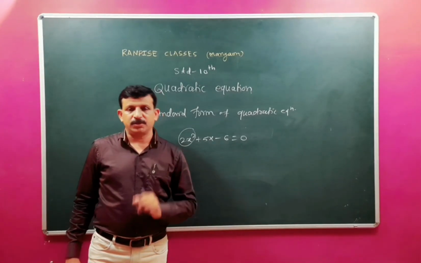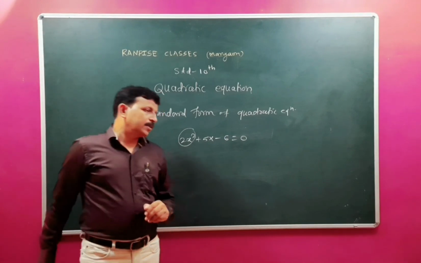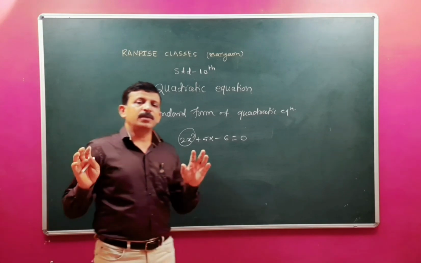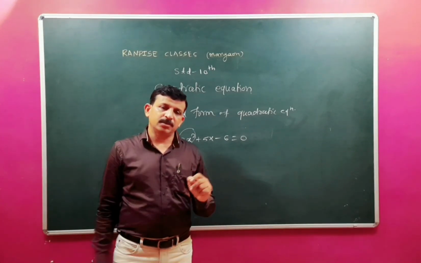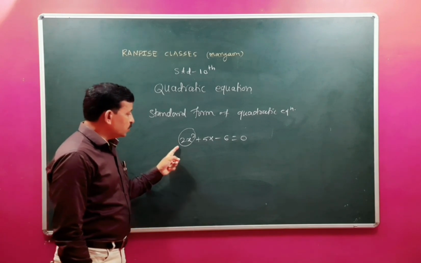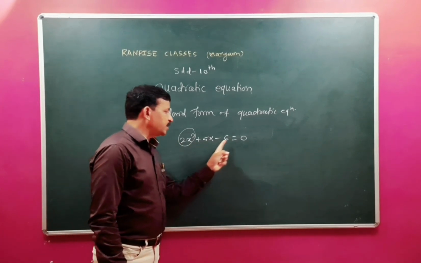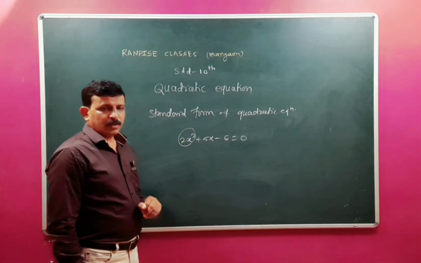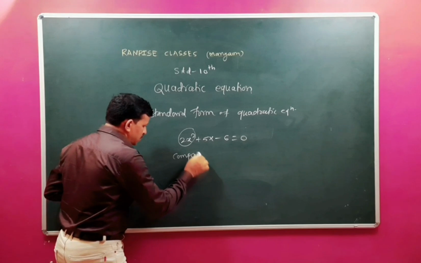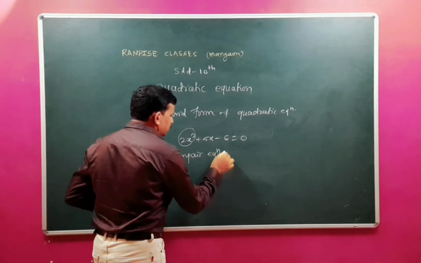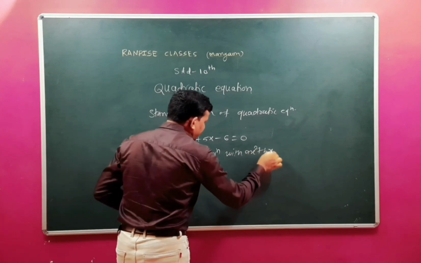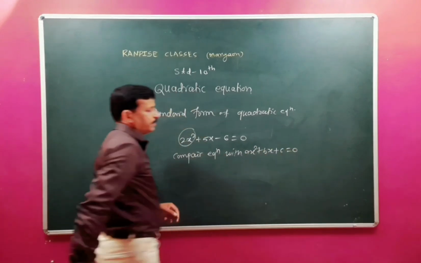That is very important. Now second thing, compare the equation with the standard form and find the values of a, b and c. Just like see here, if the given equation is 2x² + 5x − 6 = 0, now compare the equation with ax² + bx + c = 0.